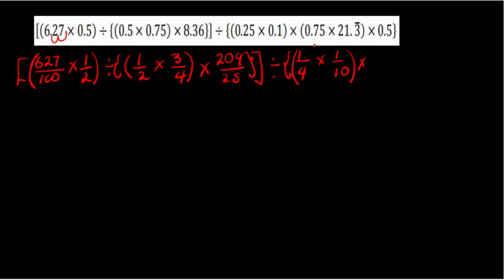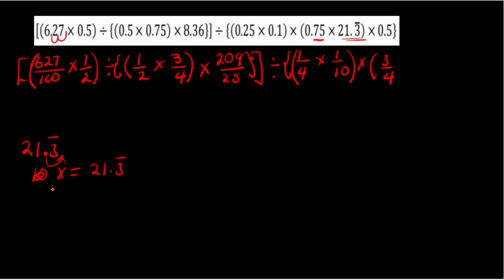Then the other one, we have already discussed this one, which is 3 over 4. But how about this one? This one is the one which we treat differently because we have a recurring decimal. So what you do is check out the point. The point is in front of the number that is repeating. So you say x is equal to 21.3 recurring.